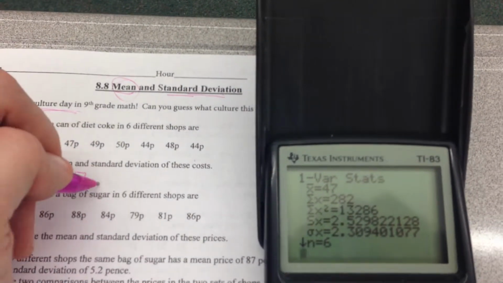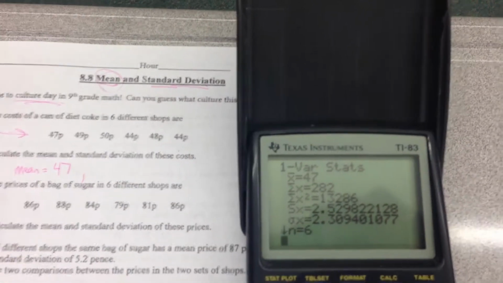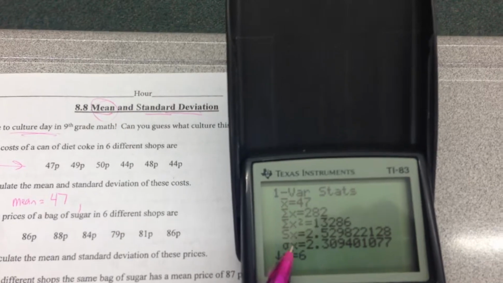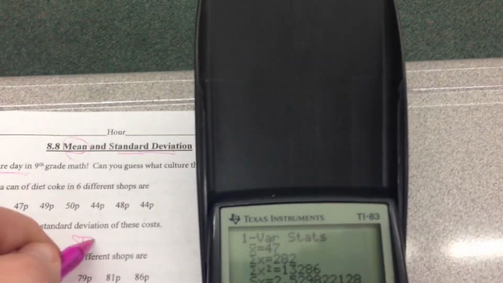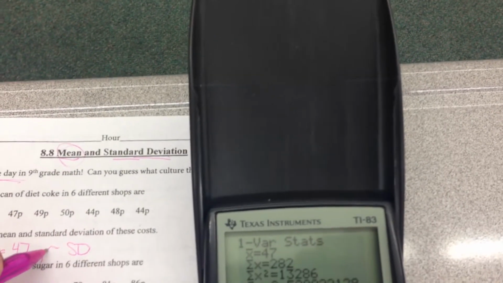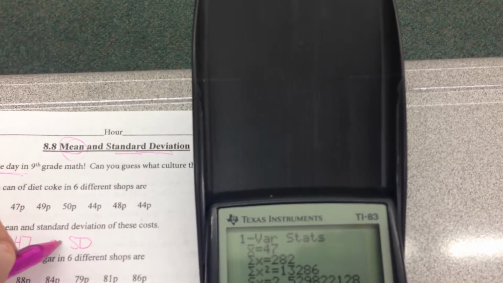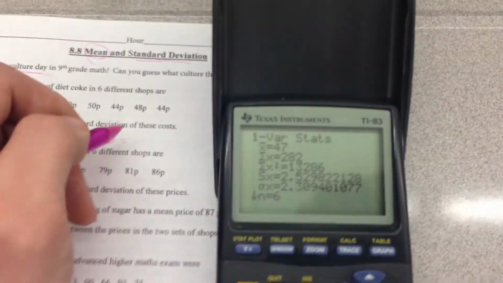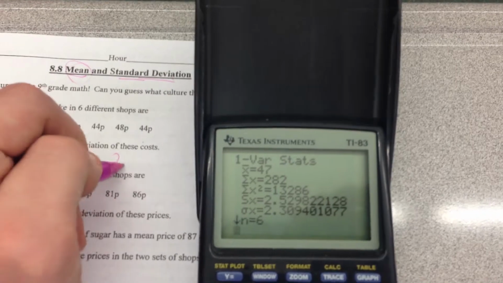Now the other thing we need to find is standard deviation. It's this weird looking thing right here, kind of like an o with a tail on the top. On the answer key, I abbreviated that as SD. That is going to be 2.3.